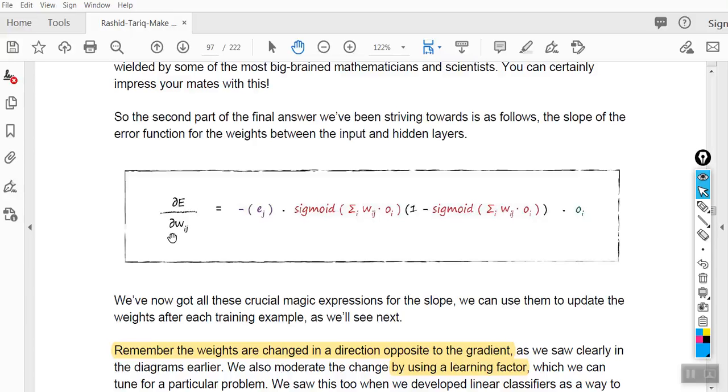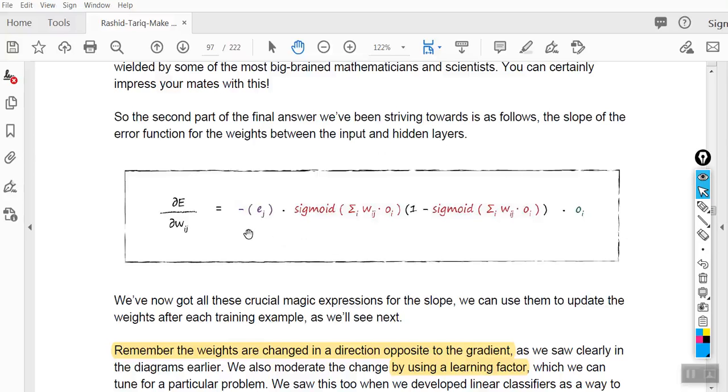We considered the output error of the neural network as a function, and then using gradient descent we try to reach the minimum of this error, and finally we achieved this equation.